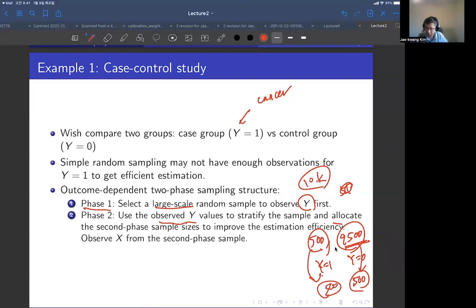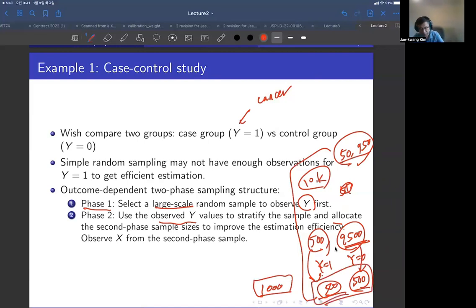So then we get a 1,000 sample size in the final sample with an equal 50-50 case split, right? So that's probably better than having 50 to 950. Which one do you prefer, right? I mean, so this is the better situation.